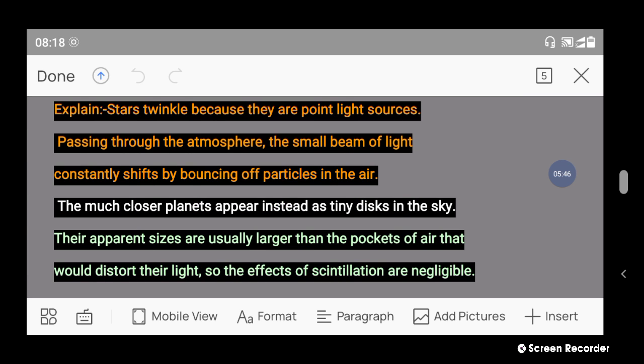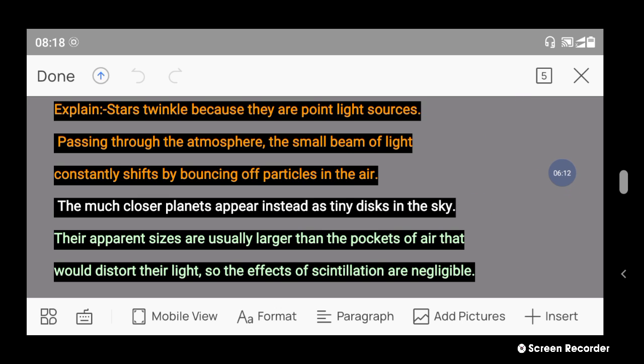Question 36, explanation. Stars twinkle because they are point light sources passing through the atmosphere. The small beam of light is constantly shifted by the bouncing of particles in the air. The much closer planets appear instead as tiny disks in the sky.